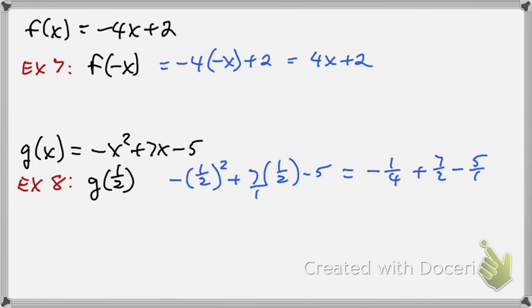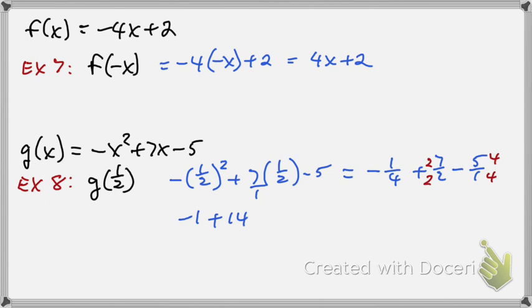What's a good common denominator? 4. So I've got to check each one of those denominators and say, what do I need to multiply by to make that a 4 on the bottom? Well, first one I don't need to multiply by anything. So it's just minus 1. This one I got to multiply by 2. So I've got plus 14. This one I've got to multiply by 4.